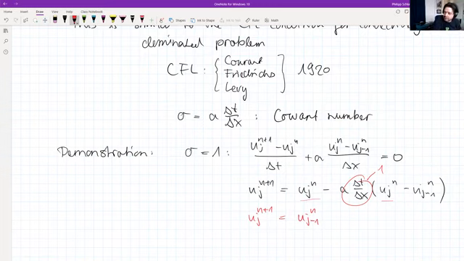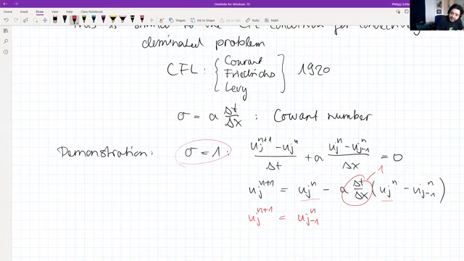So that's now the exact solution of my discretized equation. And of course, what does that mean? That means that my solution at the next time level is just the previous time level's solution moved by one grid point. But keep in mind that I chose, in this case, my delta t exactly in the way that sigma is 1.